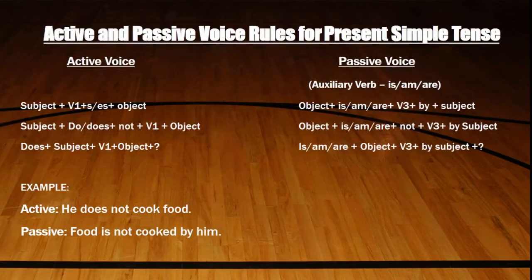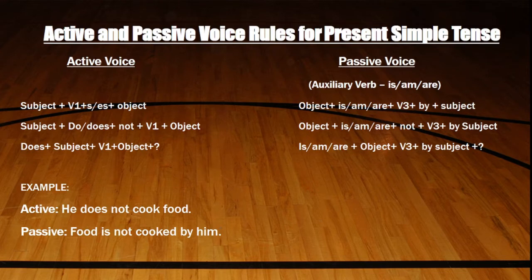So before we understand how to change to a passive voice and so forth, let's understand the rules that we use for present simple tense in the case of active and passive voice. So when we have active voice, it's like subject plus the first form of the verb plus s or es plus the object, right?